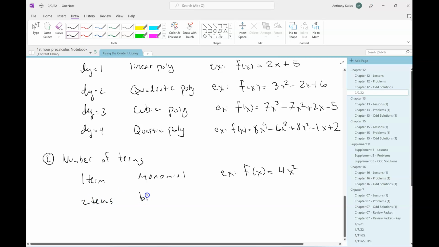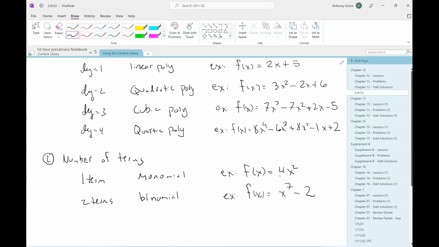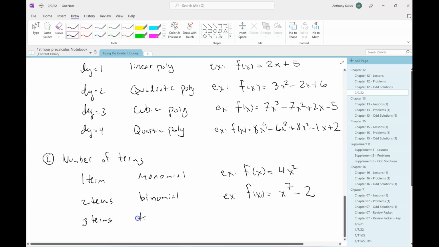Two terms, we call it a binomial. So maybe like x to the 7th minus 2 is a binomial, has 1, 2 terms. Three terms, we call that a trinomial.